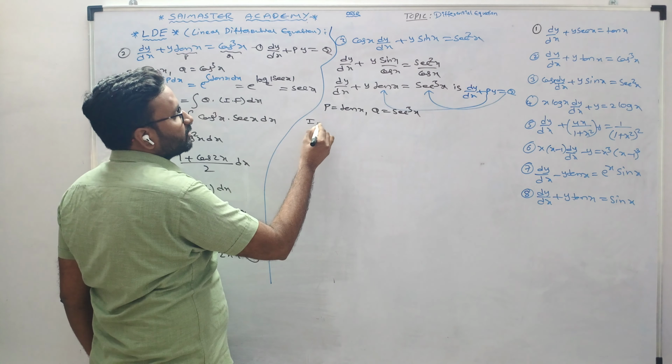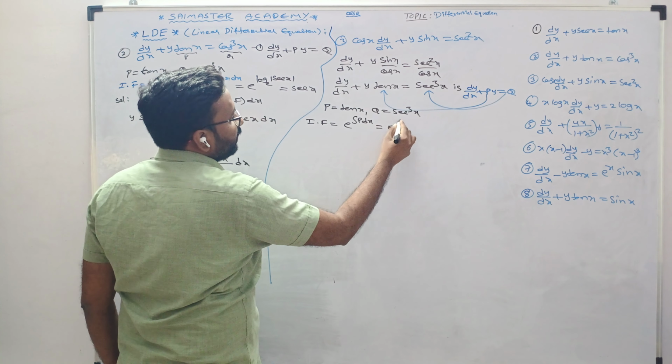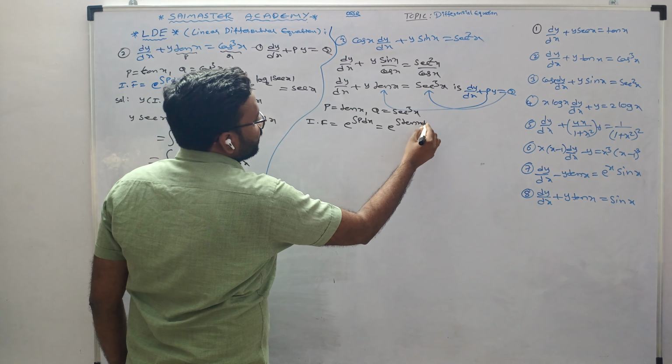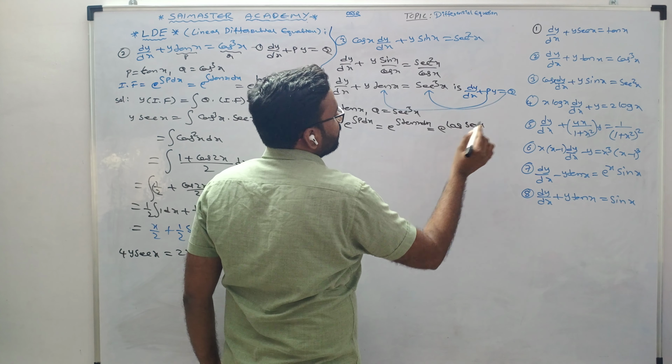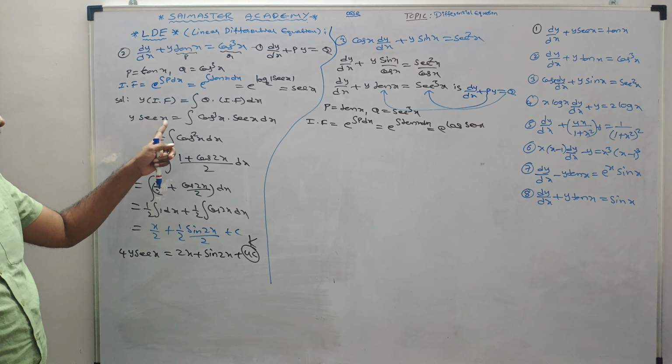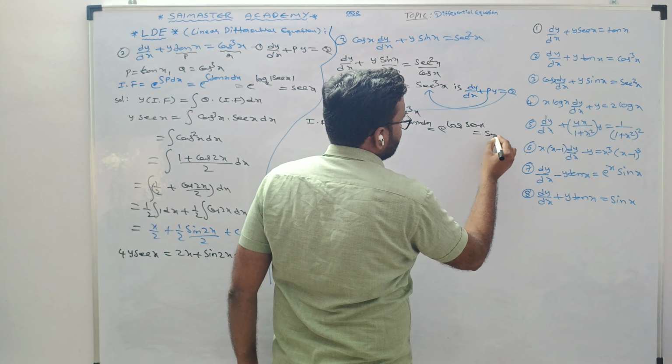Now the integrating factor is e power integral P dx, which is e power integral tan x dx, which is e power log secant x, which is equal to secant x.